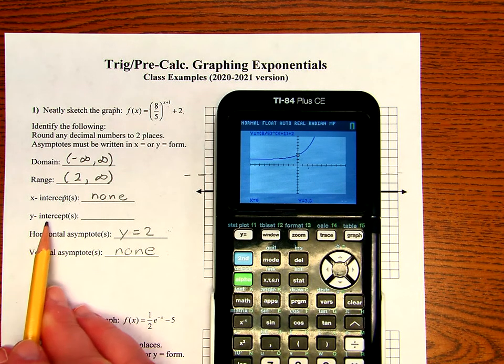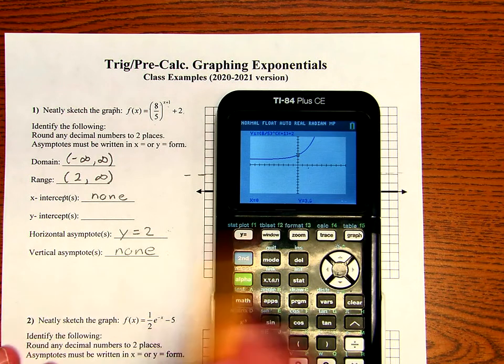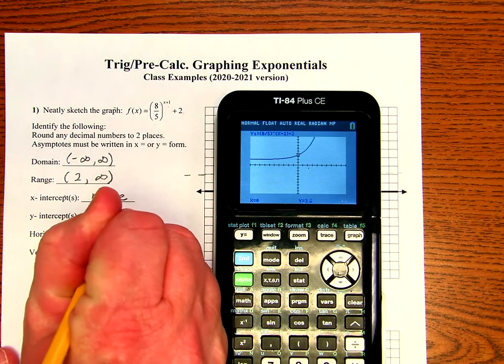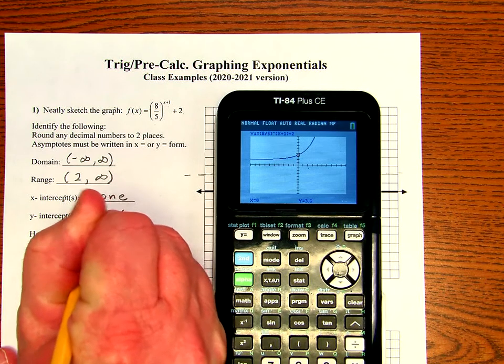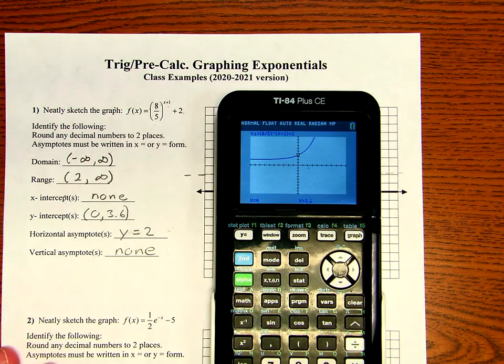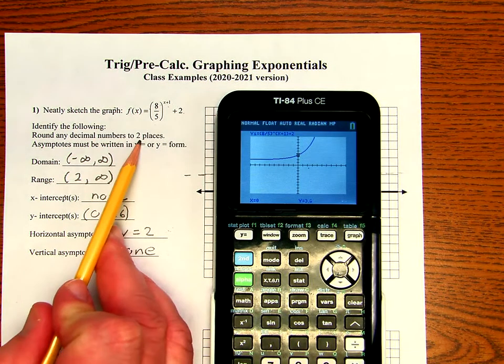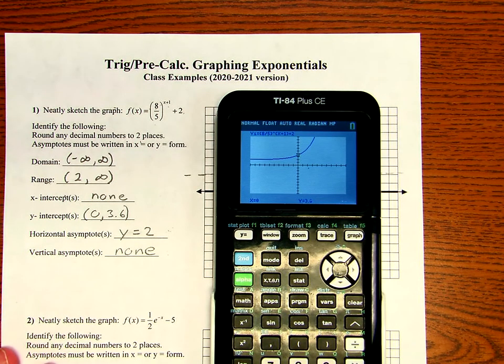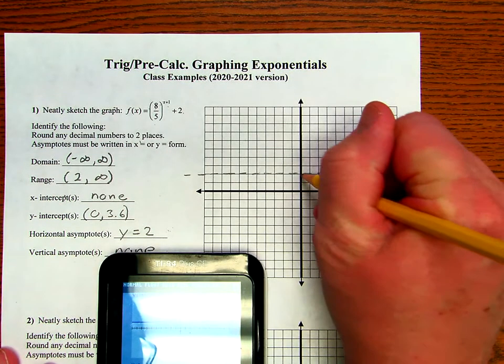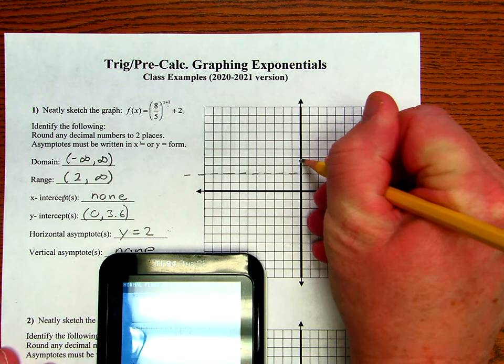Well, the y-intercept is when x is 0, so it traced right to the point we want: (0, 3.6). Very often these numbers can be rather messy decimals. This was a nice clean 3.6, but follow rounding instructions if there are any associated with the problem. So 1, 2, 3, 3.6 is roughly there.